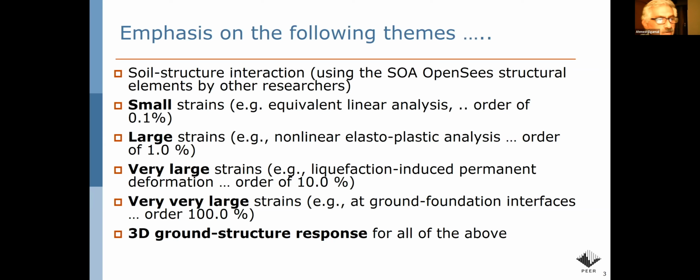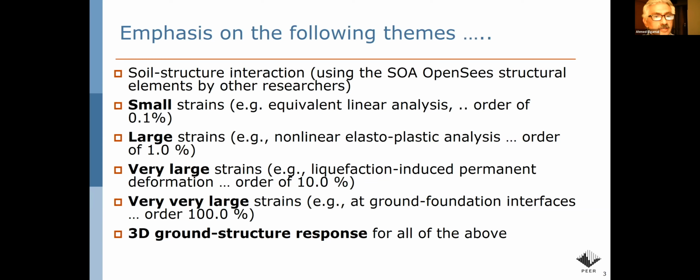And I might want to look at strains in soils in a few ranges. So let's say, for example, ranges where equivalent linear analysis often gives very good results. Let's call that small strains. And then let's look at strains that maybe go up to 1% and call those large strains.